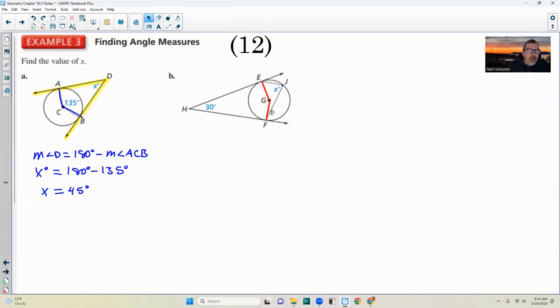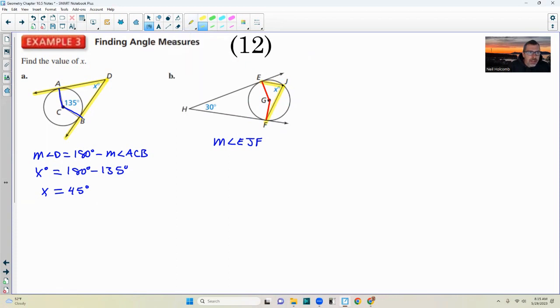Okay, so what do we know about this? Well, this is an interior or an inscribed angle, the inscribed angle, so the measure of angle EJF. All right, so let me highlight that. I'm talking about this angle right here. It's an inscribed angle.